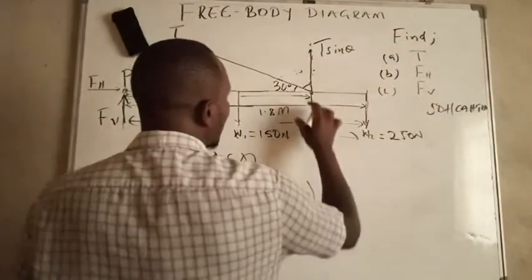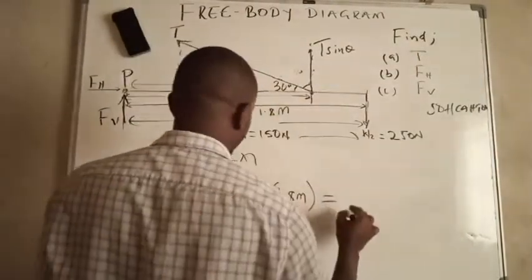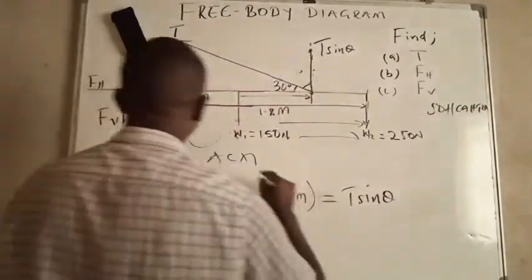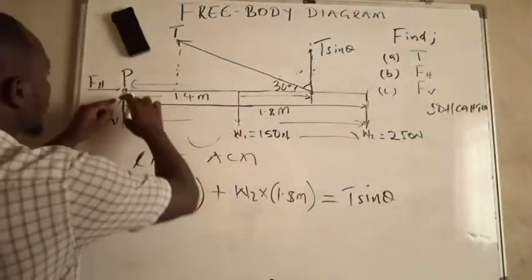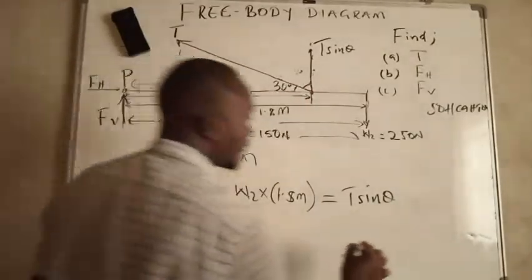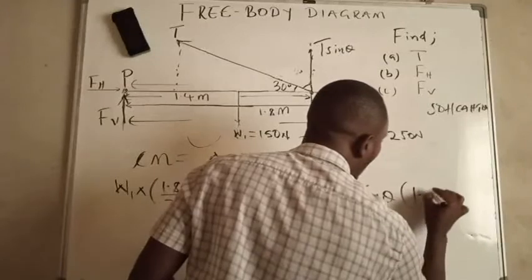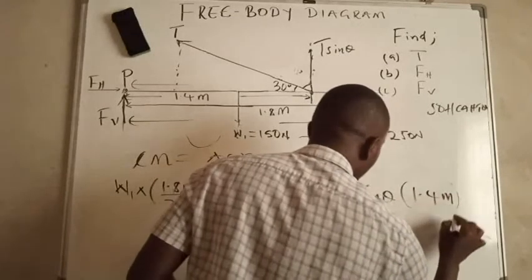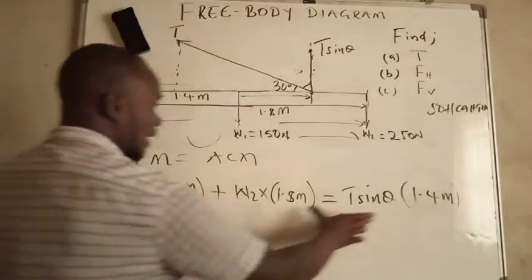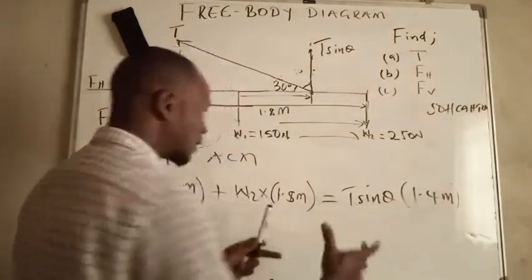The force here is T sine theta, that is the force that we've been given, times the perpendicular distance. From here to here, what we've been given is 1.4, so times 1.4 meters. It is as simple as this.